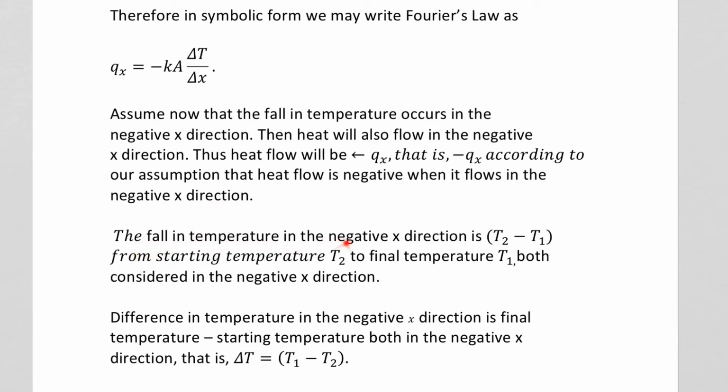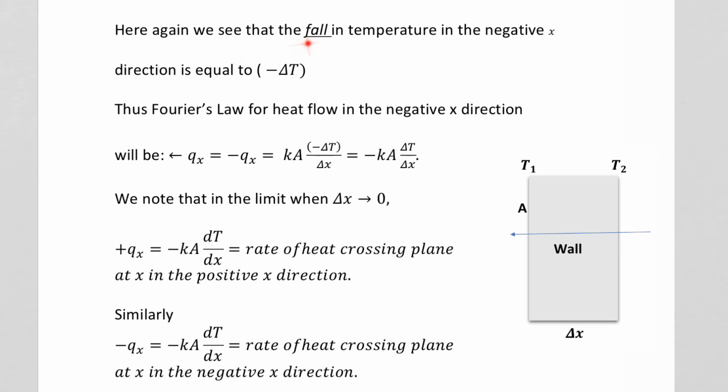The fall in temperature in the negative x direction is T2 minus T1, from starting temperature T2 to final temperature T1, both considered in the negative x direction. Difference in temperature in the negative x direction is final temperature minus starting temperature, both in the negative x direction. That is, delta T is equal to T1 minus T2. Here again we see that fall in temperature in the negative x direction is equal to minus delta T.